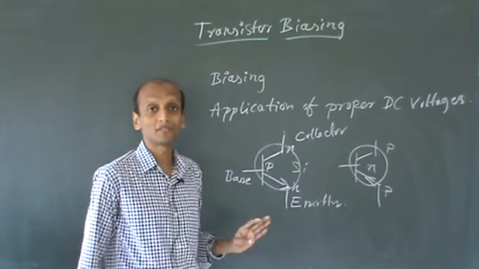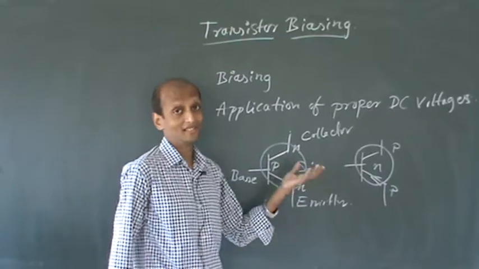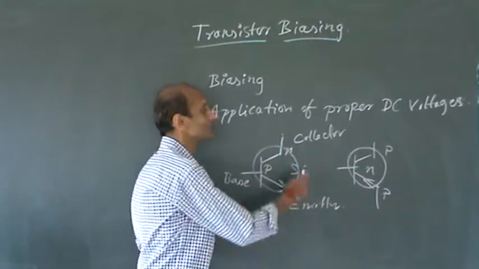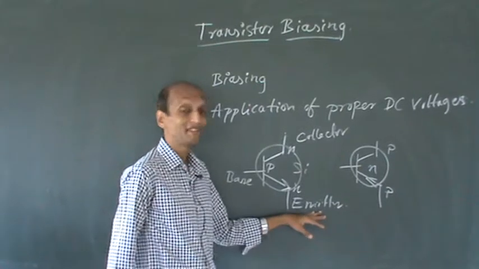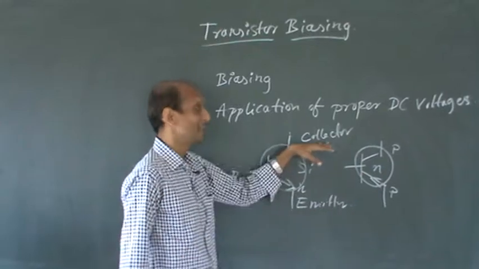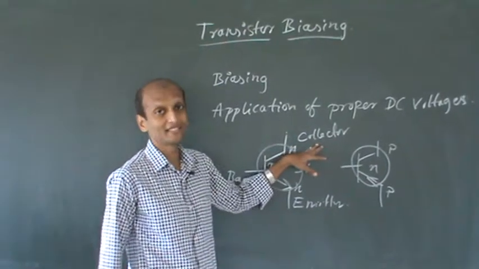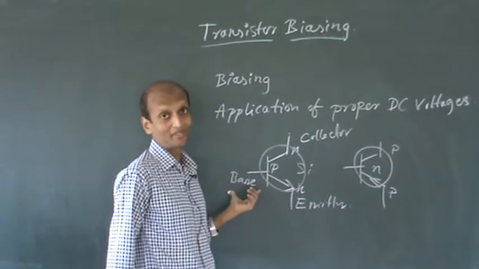These are the three terminals of your transistor. We have studied all these things in our previous year. The emitter is the terminal which emits the charge carriers, the collector is the terminal which collects the charge carriers, and the base is the control terminal.